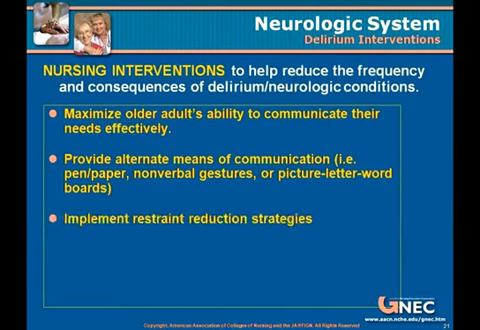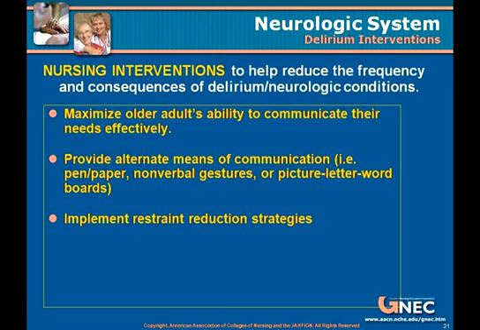Maximizing the older adult's ability to communicate and to interact is an important way to improve their cognitive function and thinking. And so we advocate providing alternative means of communication to patients.